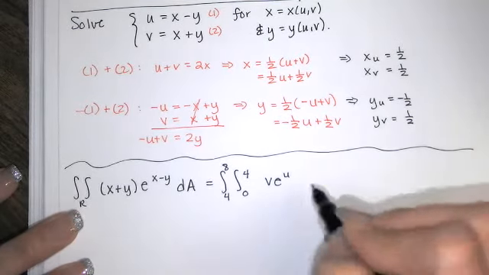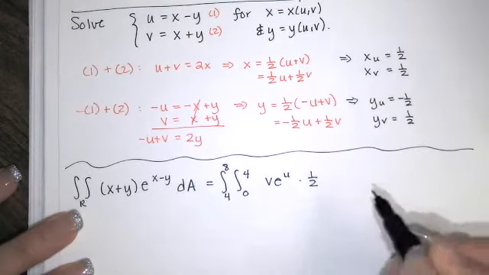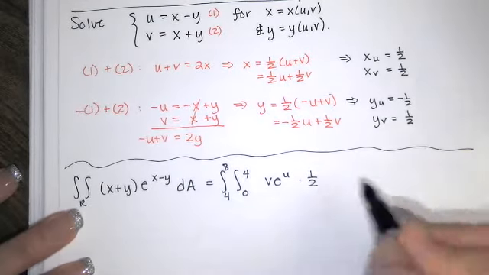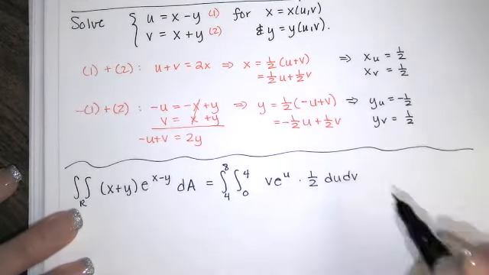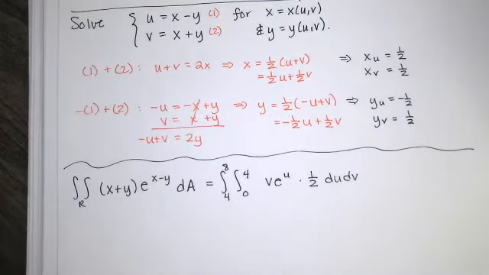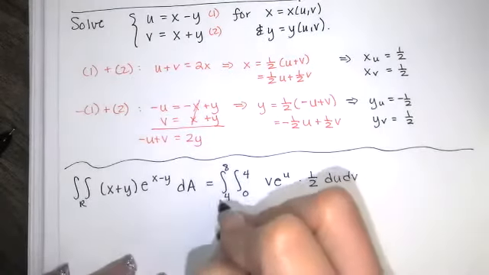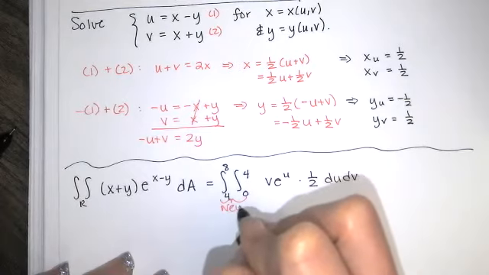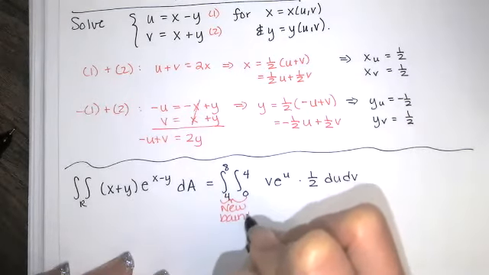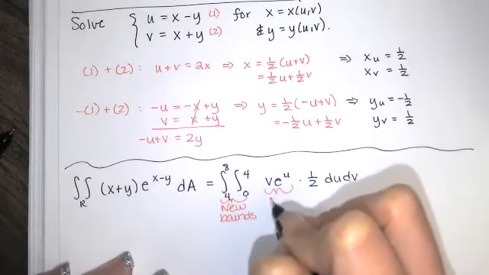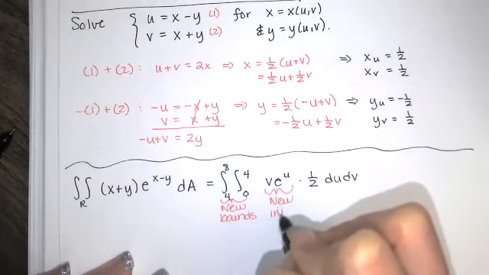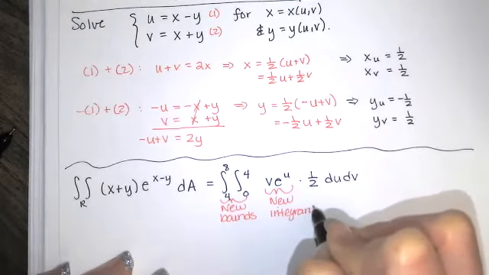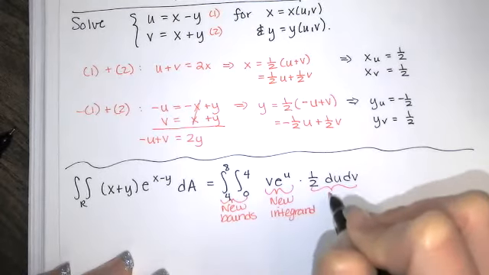The new dA is 1/2, and we're integrating with respect to u first because of the order I wrote those over there, so that's du dv. So remember, you need those three things: new bounds, new integrand, and a new dA. Isn't that nice?